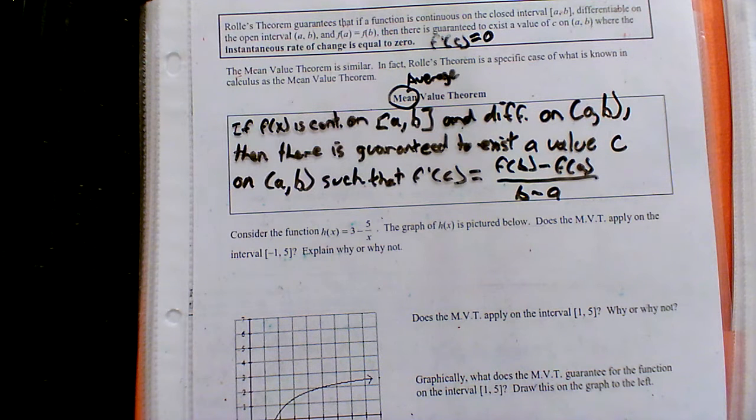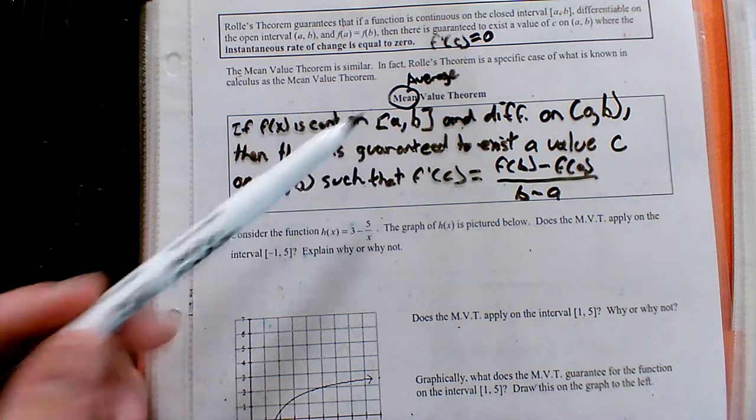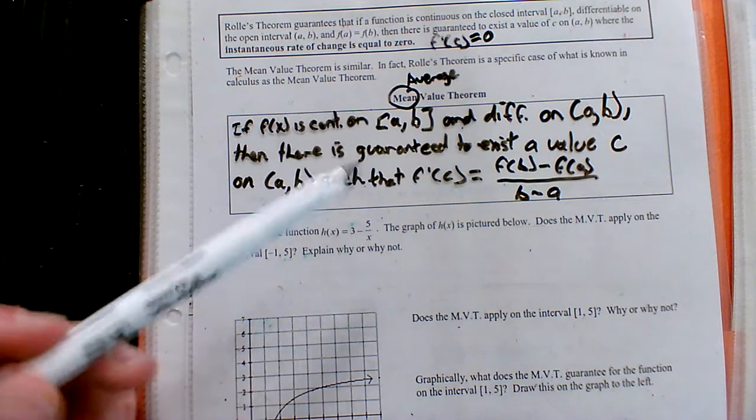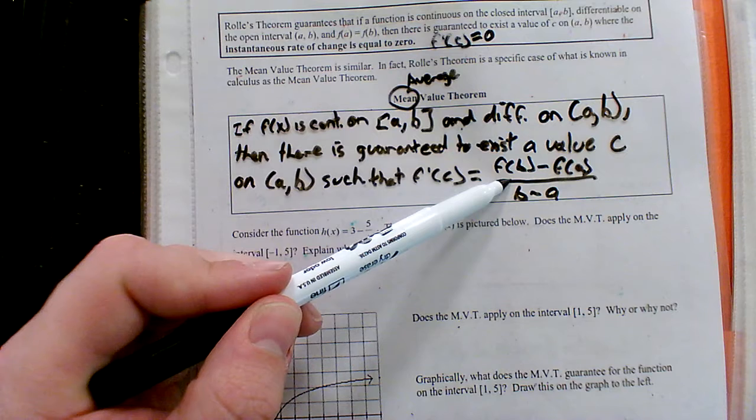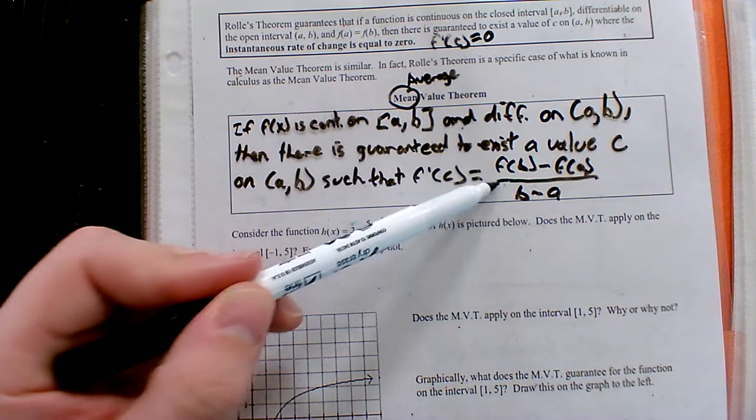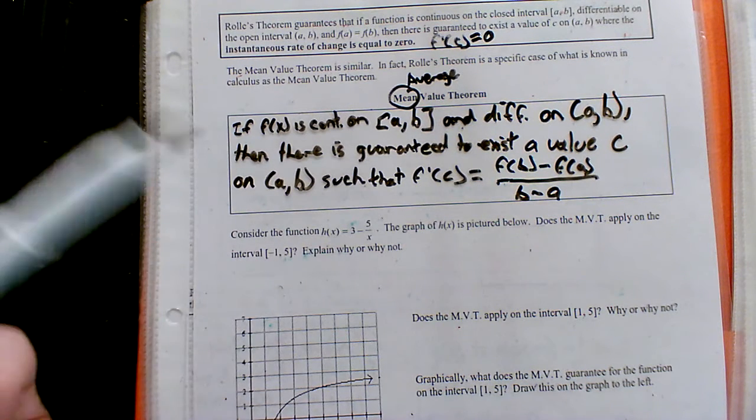We still have to be continuous. We still have to be differentiable. But it doesn't state anything here about our endpoints being the same. And they're not the same because in this case we're talking about the mean or the average. So we're going to have two different endpoints that we're taking the average of. So the derivative will be equal to the average of those two.